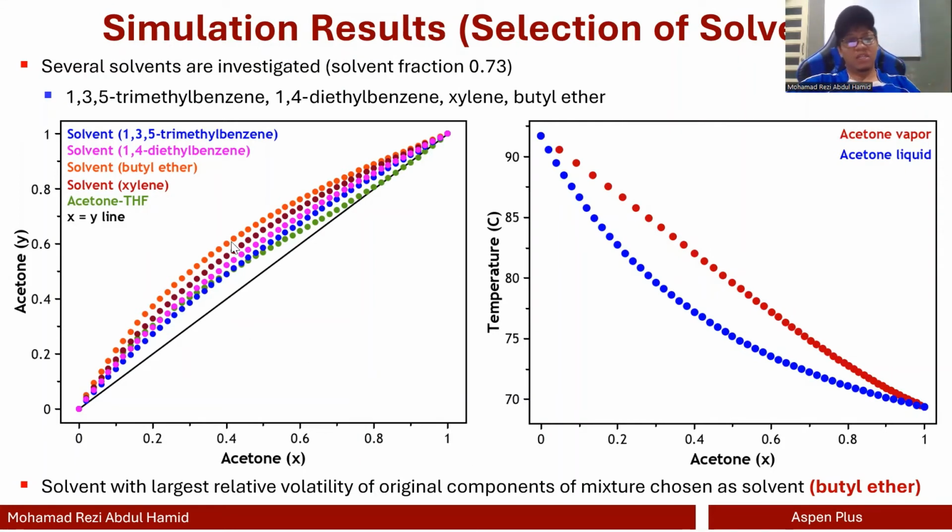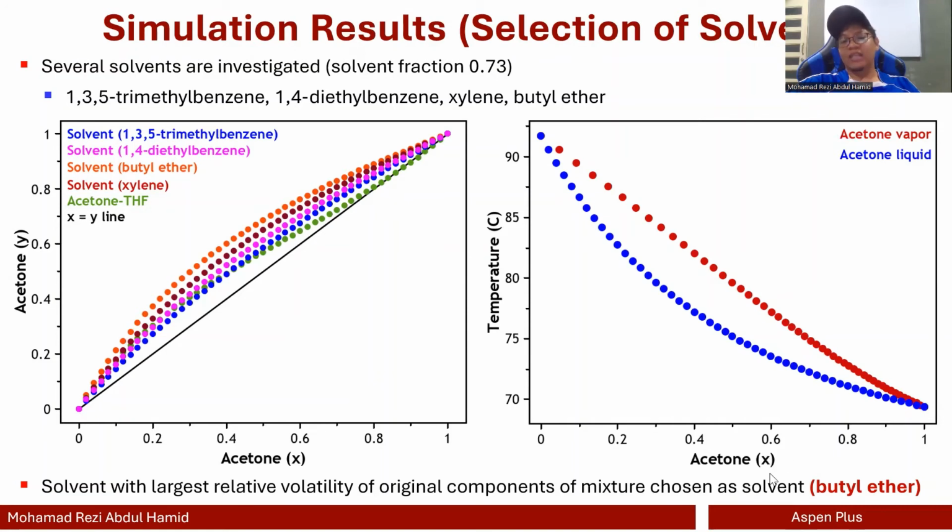The author of the paper decided to choose butyl ether. If you want to see how my pseudo-binary VLE looks compared to their paper, you can just download the paper and then compare side by side. All right, what will happen for the TXY diagram if I add butyl ether at 0.73? It becomes like this, where I have temperature here on the y-axis and acetone.